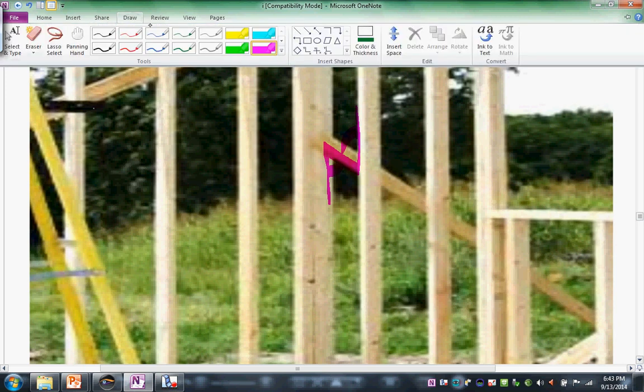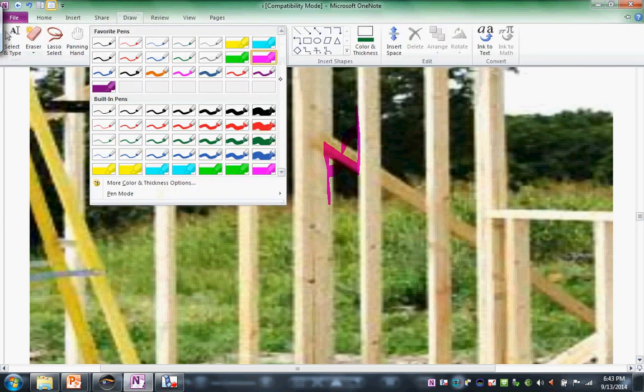Ready? Here's one. Armpits of the Z. Right there and there. Let me change colors here. There we are.